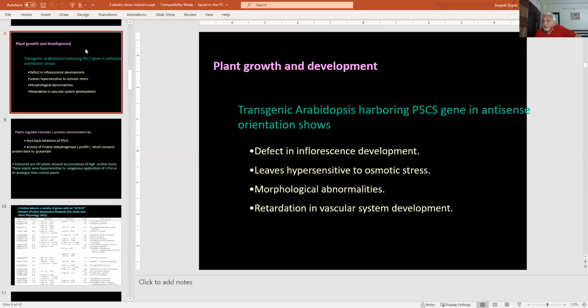Also, this was studied from a different angle. That is, if you underexpress this gene, then what happens?